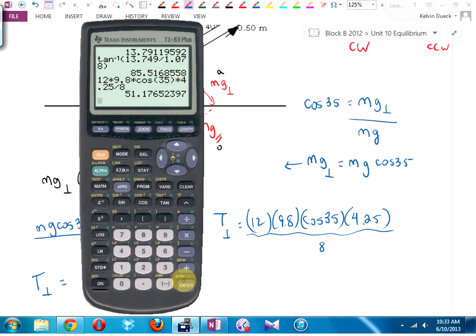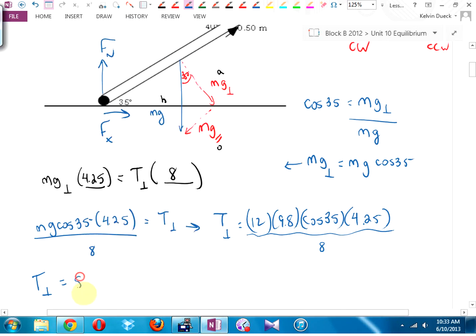You get 51.1765. I'll carry some extra sig figs. Because that's not what they wanted us to find.